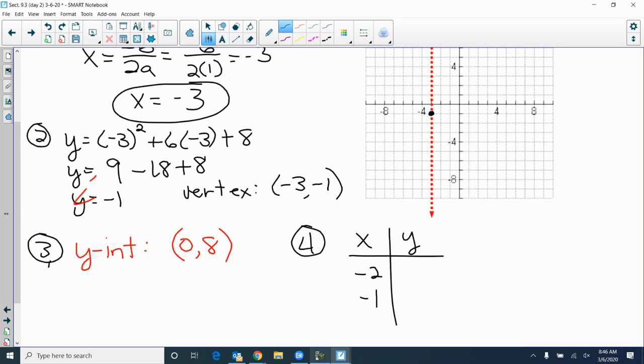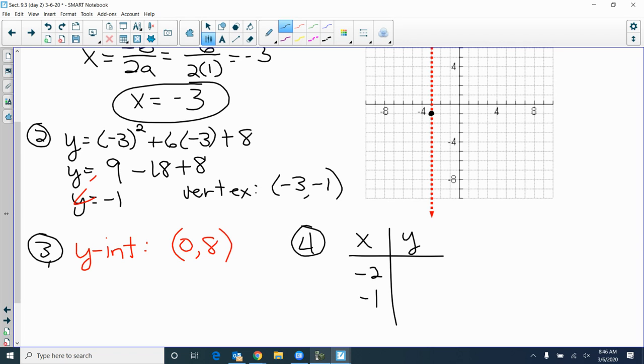All right, do that now. Don't forget, this needs to make a U, and when you plot those, if it doesn't look like it's going to be a U, then you've got issues.